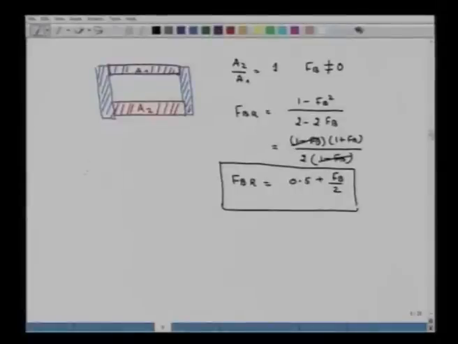Now, this situation can also be perceived as this being area A1 and this area A2, enclosed by a refractory enclosure.